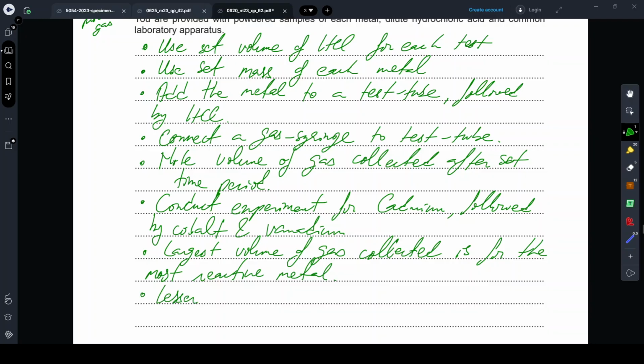And lesser volumes will be for lesser reactive metals.